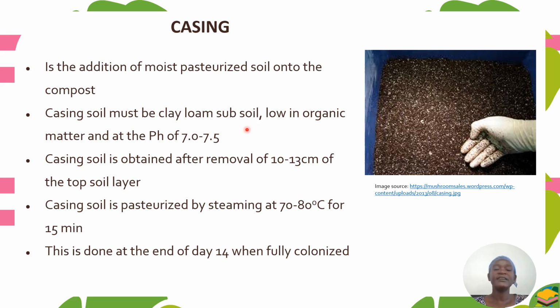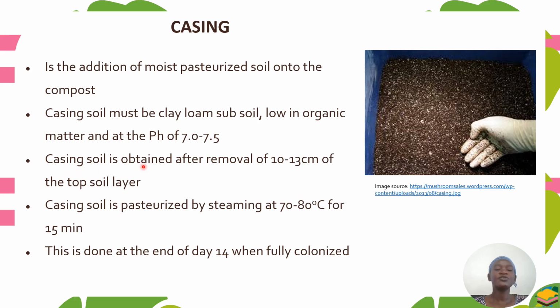We find very little microorganisms under subsoil. So that's why we need to use subsoil. The soil should come from subsoil, but should be clay loam, and also low in organic matter, and the pH should be between 7 to 7.5.